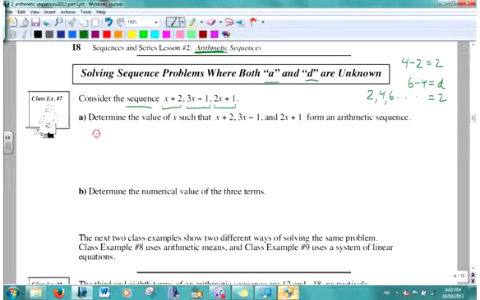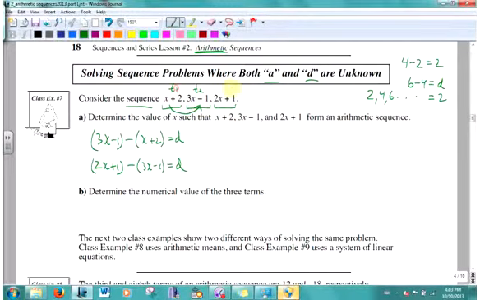D is this term subtract the previous term. And D is also this term subtract the previous term. Right? That's our definition of what the common difference is. What I need to add to this to give me the second term.